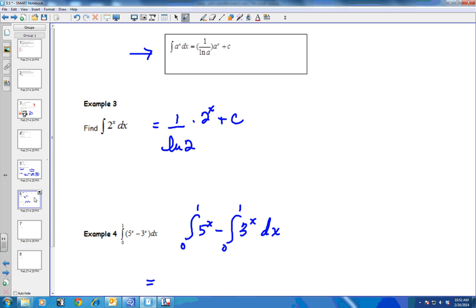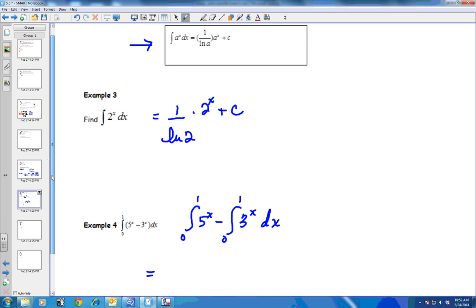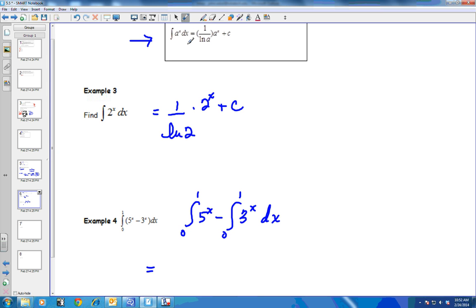If I follow this integral, it's going to be 1 over the natural log of a, and my a right here is 5, times 5 to the x, minus 1 over natural log of 3 times 3 to the x. Now I'm going to evaluate from 0 to 1.